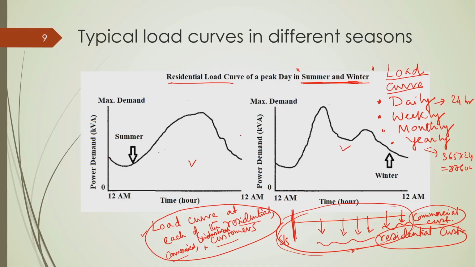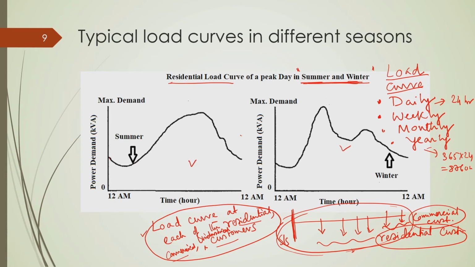Whereas during chilly winter our pattern will be different, because we have to use the water heater during morning time or evening time. So, power demand magnitude will be different, as well as the timing. These 2 characteristics have not only different shapes, but also different magnitudes of demand, which is not mentioned here.